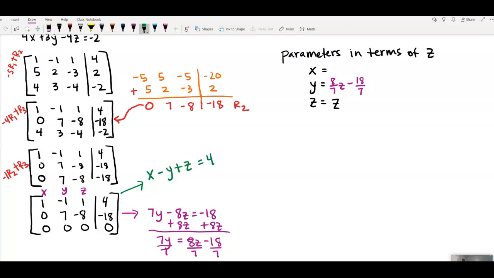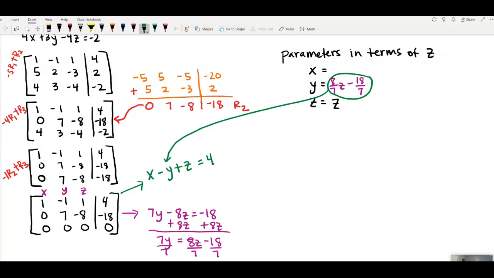But I have a y in here. And so this is where it gets a little bit tricky, because now I need to take what I got for my y, and I need to put that in place of y here so that I can simplify this. So all we have is x's and z's. I don't want any y's in there for this last equation.